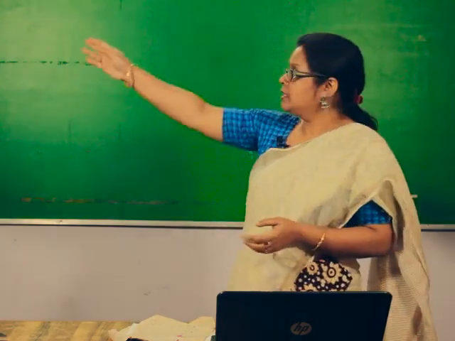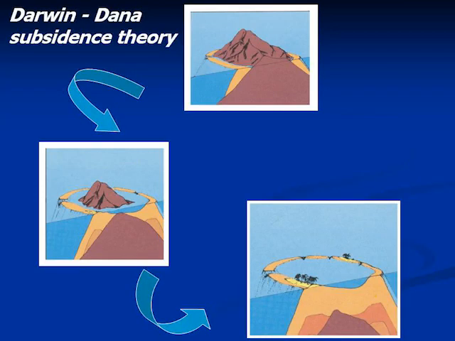The fringing reef is found on shores which are inclined downward. In this first figure, you can see that the fringing reef is formed on shores which are inclined downward, and sometimes the shore between the developing fringing reef and the landmass sinks.